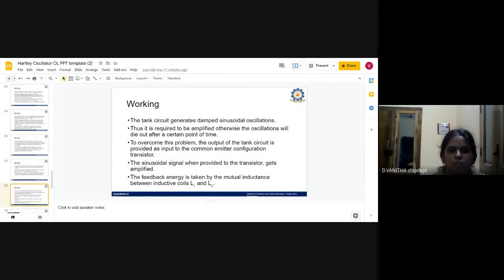To overcome this problem, the output of the tank circuit is provided as input to the common emitter configuration of the transistor. The sinusoidal signal is then provided to the transistor and the signal has to be amplified.